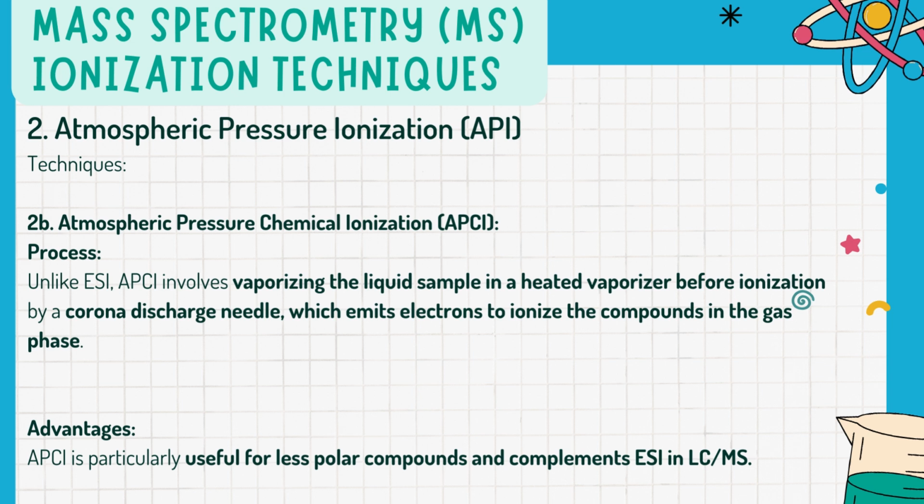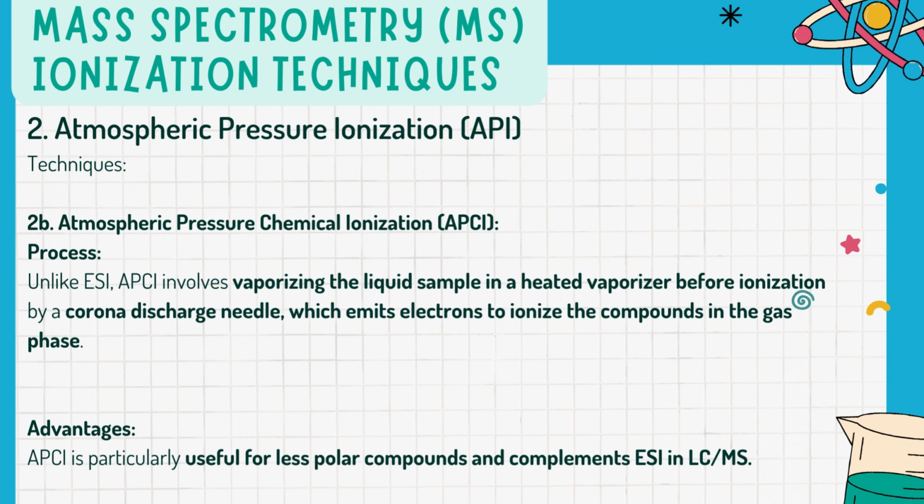Next, we also have, still under ionization techniques, atmospheric pressure ionization, and specifically atmospheric pressure chemical ionization. This is an ionization technique used in mass spectrometry, particularly if we are talking about liquid samples, guys. Unlike ESI, APCI involves vaporizing the liquid sample in a heated vaporizer before ionization.